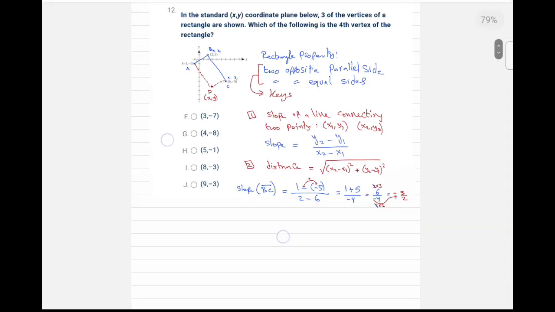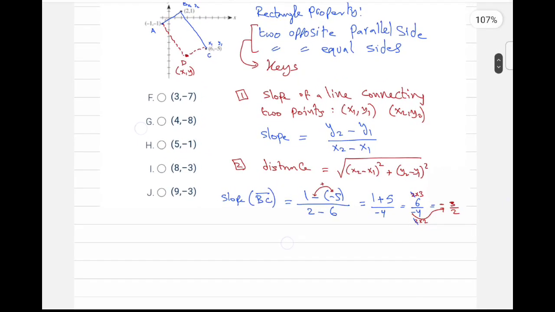Now the slope of BC is equal to the slope of AD. That's because both lines are parallel.